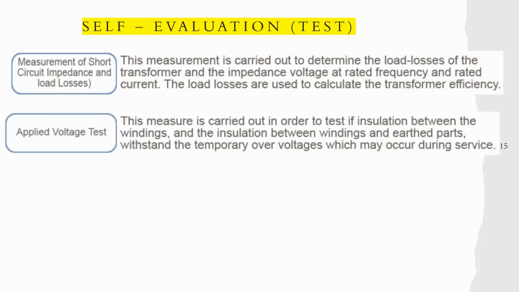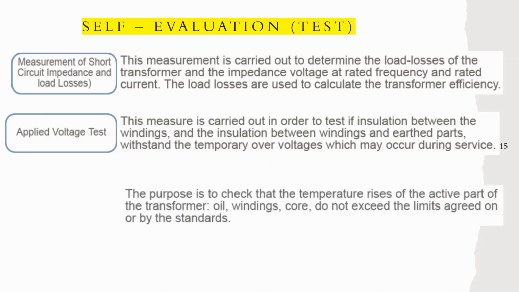Applied voltage test. Okay, and then the purpose is to check that the temperature rises of the active part of the transformer, oil, windings, and core do not exceed the limits agreed or set by the standards. Of course, the answer is temperature rise test.